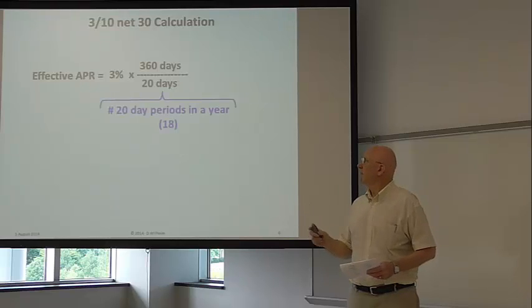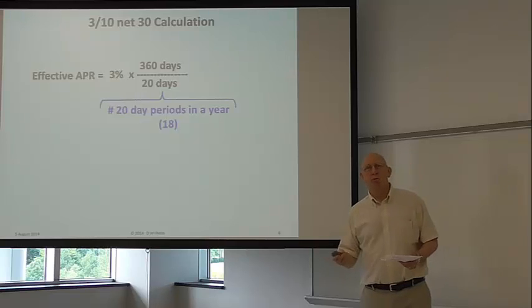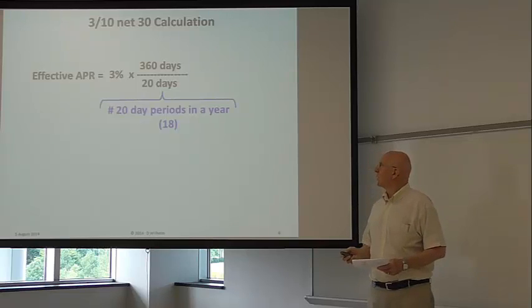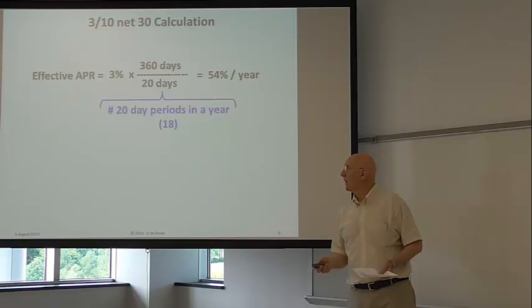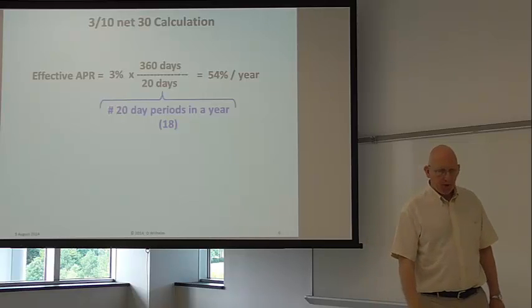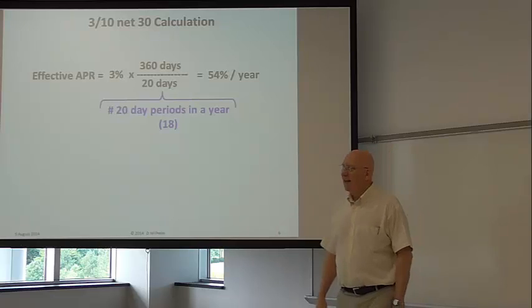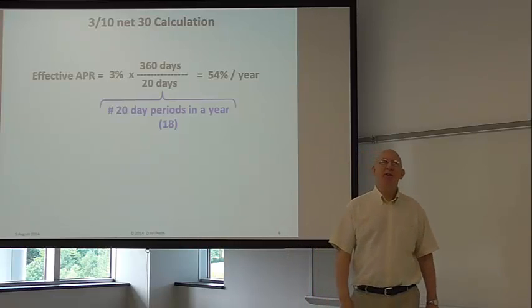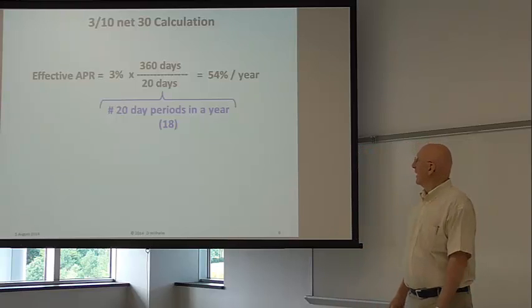That is simply the number of 20-day periods in a year, or 18. Multiply the two, and you get 54% per year annual percentage rate. Why would a seller offer a 54% interest rate?